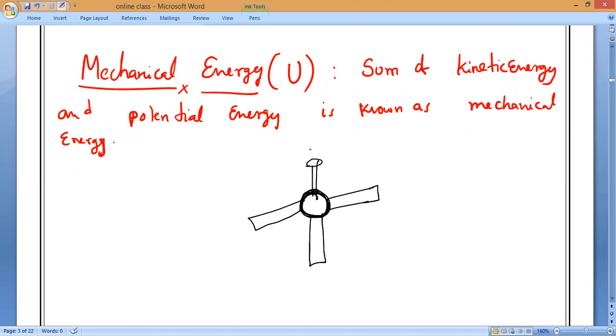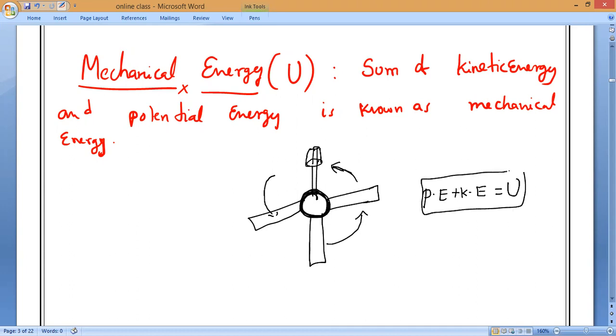Do you understand, everyone? If I take the fan with the switch off, there is no motion in the fan. Then, as it is above the ground, it will only possess potential energy. But when I switch it on, the fan will start rotating. In this situation, as it is above the ground as well as in motion, it will possess both potential energy as well as kinetic energy, which is called what, everybody?